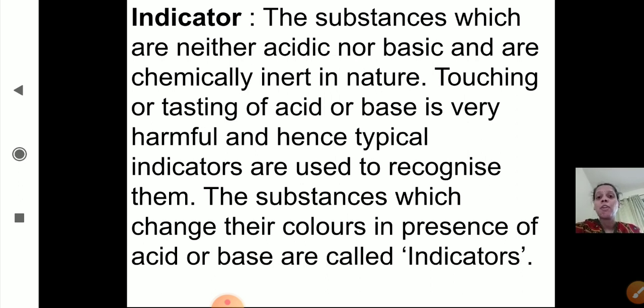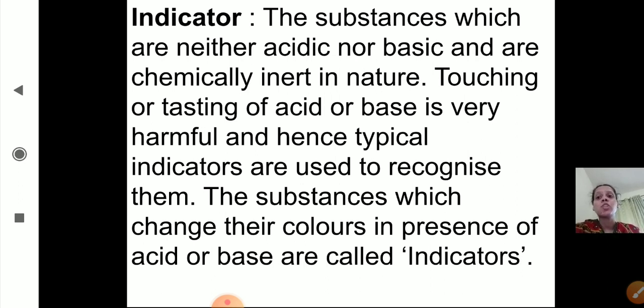So how will you identify whether the solution is acidic or basic? It is very harmful to taste or touch any substance or solution. So instead of that, we are using the indicators to identify whether the solution is acidic or basic.